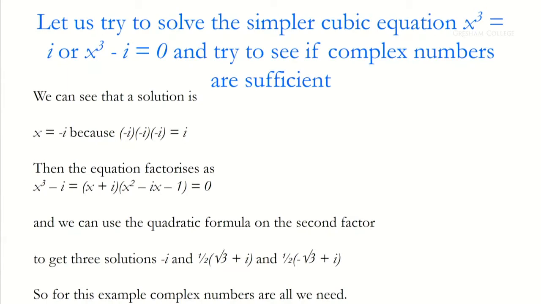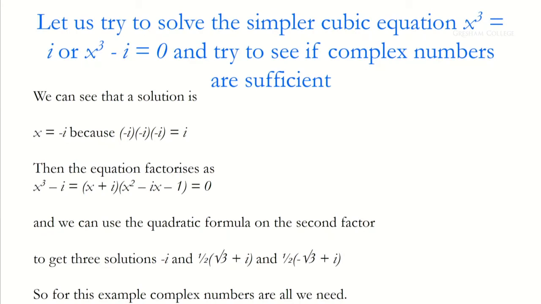All right? So now, since we have one solution of the equation, we're able to factorize the equation. x cubed minus i can be written as x minus the root we have, so that's x plus i, times the remaining term, x squared minus ix minus 1.